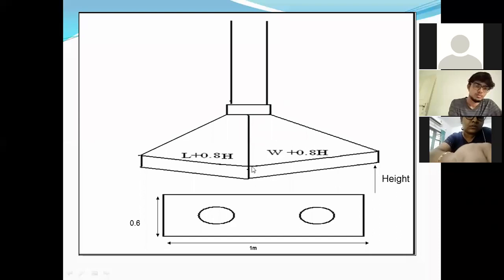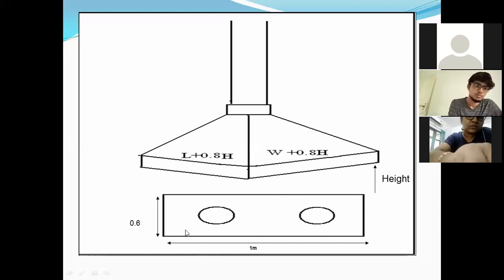Not only that, in order to know the width of the kitchen hood, just take the width of the stove plus 0.8 into height. This is the formula to find the width of the kitchen hood. There is a length and there is a width. So in a manual calculation, you need to know the size of the stove.